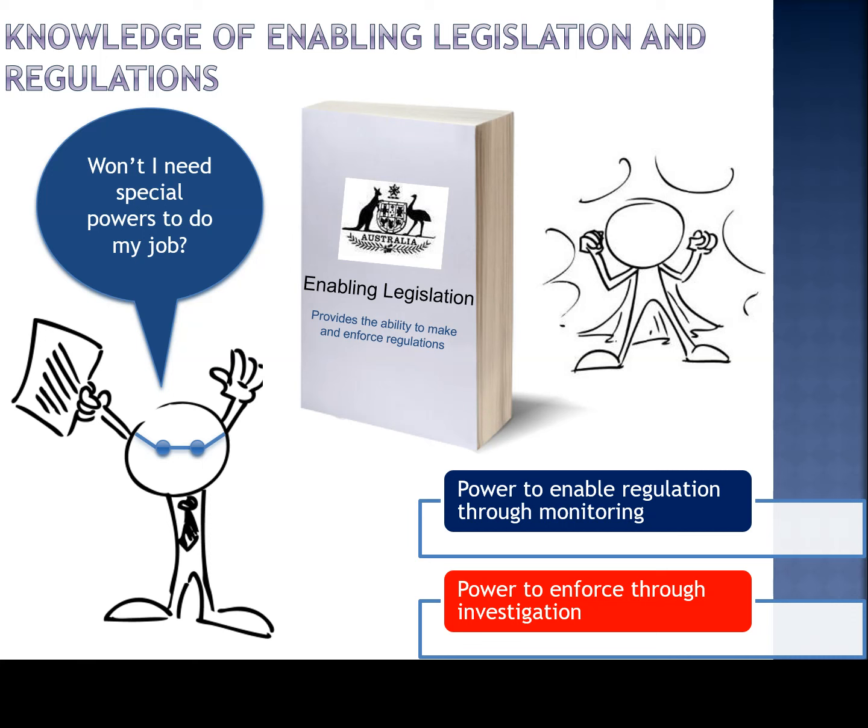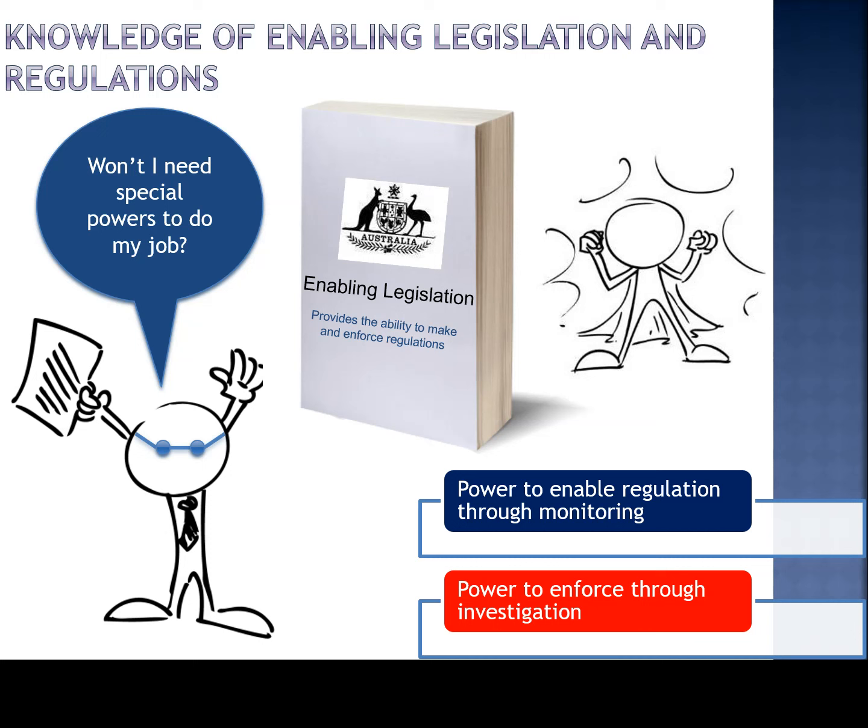The enabling legislation enables regulation through things like monitoring or inspection or audit, and then also powers to enforce through investigation. And each enabling legislation will be specific to the needs of the area or the legislation which is governing the activity that's being regulated.